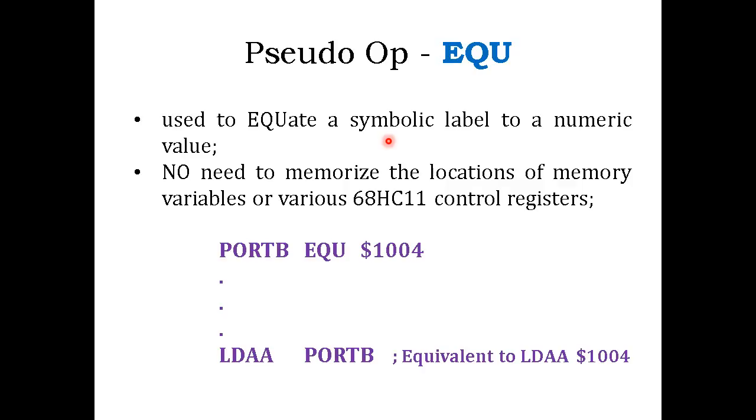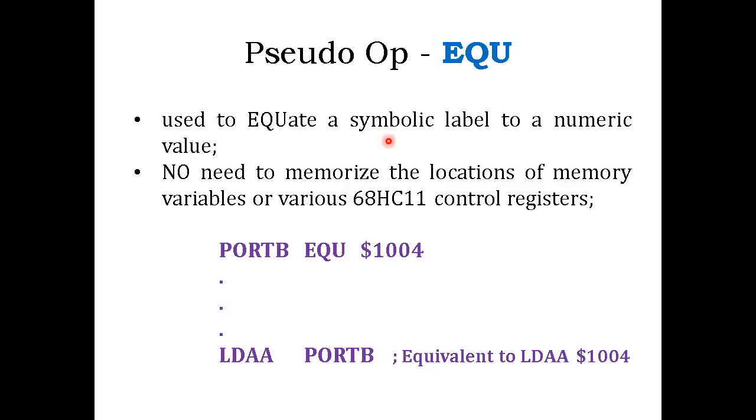For example, very soon you will be using the ports on our Fox trainer board. Every port has a predefined address given by Motorola. There are several ports, and you don't want to memorize all those addresses.